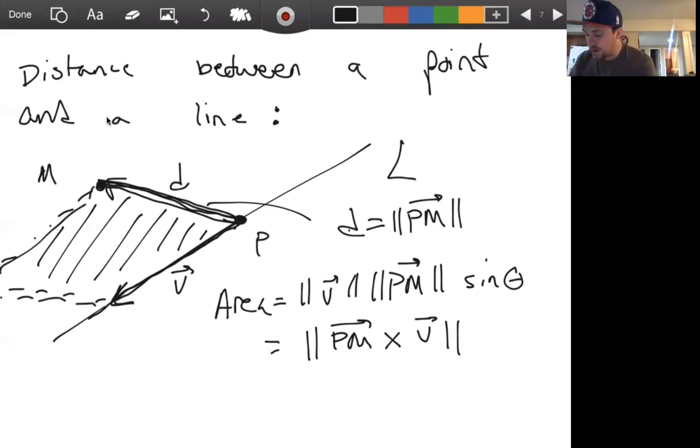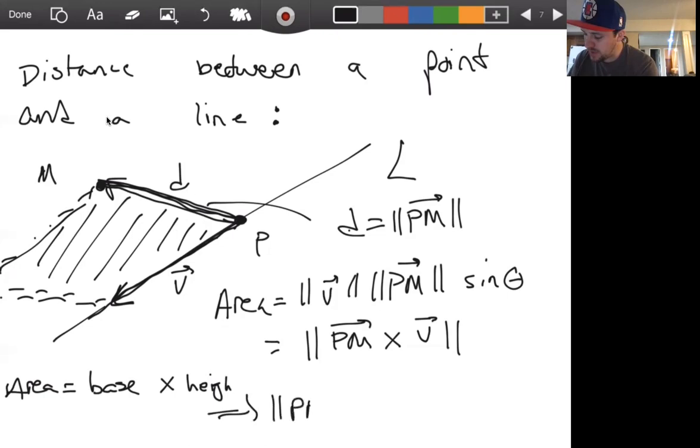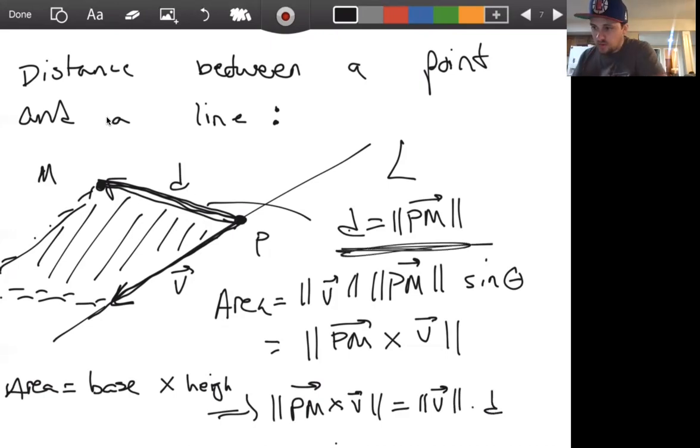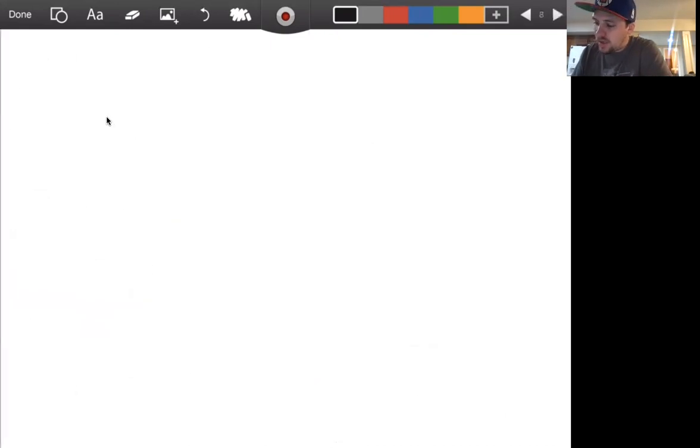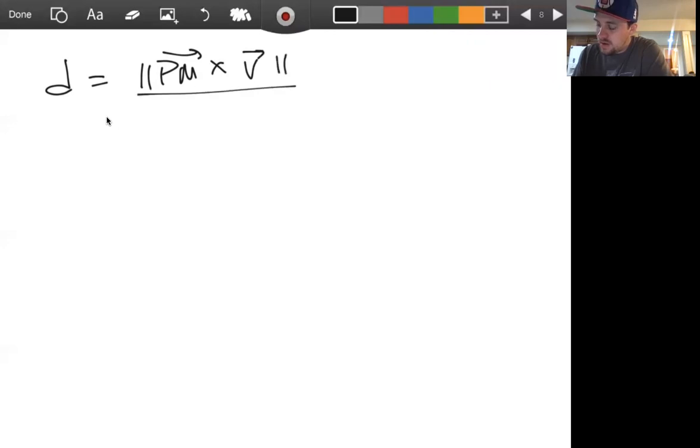But we also know that area is base times height, which means that the area given by the magnitude of PM cross v is the same as the base, which is v, times the height, which is d. This length d here. And so we can simply solve and get that d is equal to the magnitude of PM cross v over the magnitude of v.